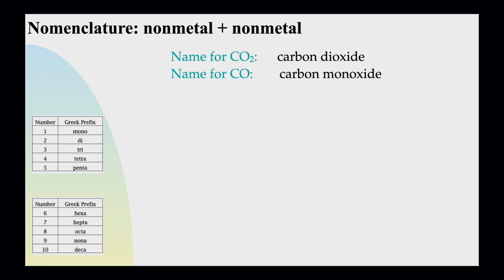And again, CO would be carbon monoxide, and if you write it monooxide, it's okay, but usually double vowels are eliminated, but it's not a big deal. Carbon monoxide would be one carbon, and monoxide, one oxygen to go along with it.